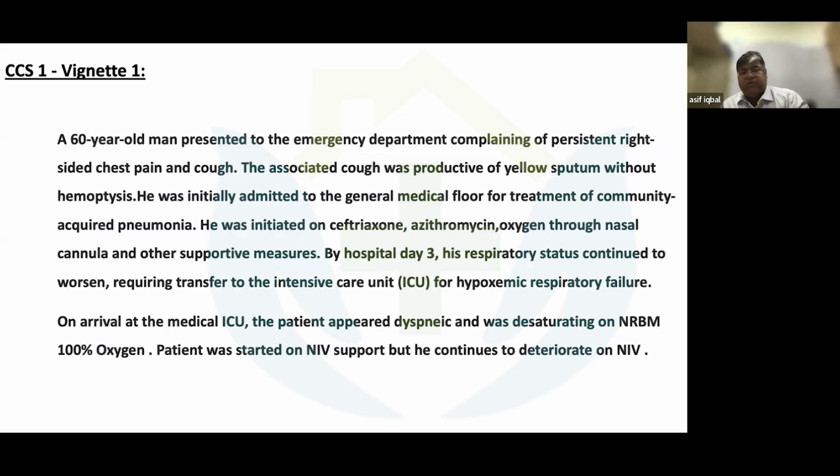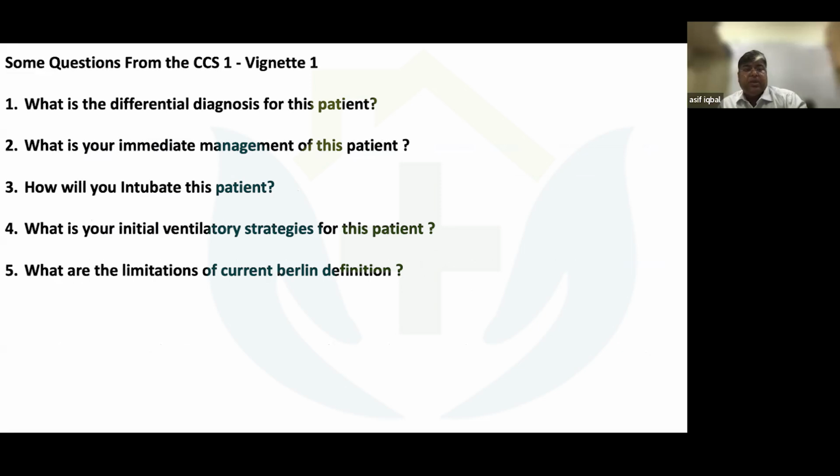Then the questions will start, like whether this patient needs intubation or not. That means they are asking about the CRAF score, CRAF 65. So this is a case of community acquired pneumonia admitted to the floor with ceftriaxone and azithromycin; on day 3 the patient further deteriorated, was shifted to ICU, and put on NRBM.